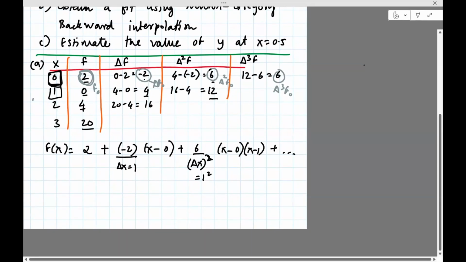And then finally, we have the 6 times x minus x0, x minus x1, which is 1, x minus x2, which is 2. And I think I forgot 2 factorial here, my bad. 2 factorial will be here, and then this will be 3 factorial delta x cube, which is really 1 cube.